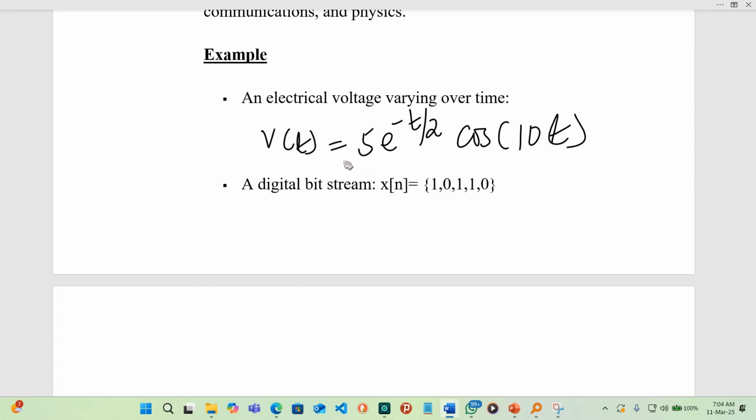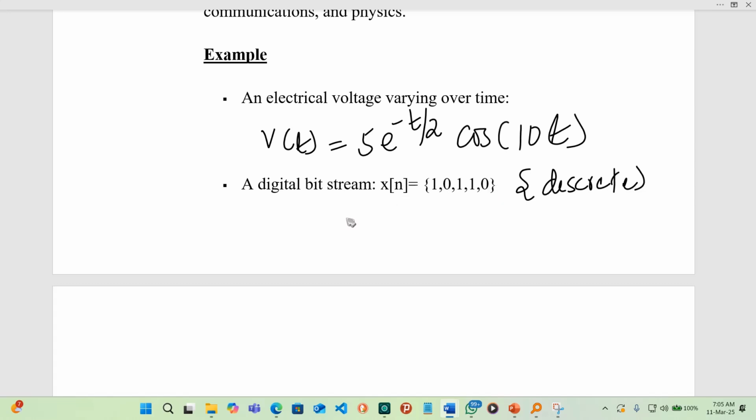Then you can also have a signal in terms of a digital bit stream, where the signal is represented as a digital signal. It is actually discrete. The values of the signal are finite, whereas this one is a continuous signal, and this one is discrete.